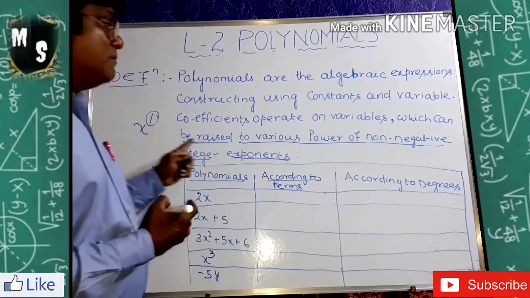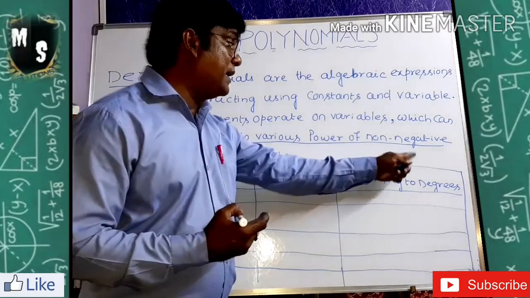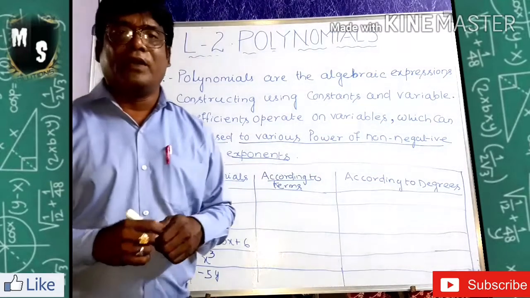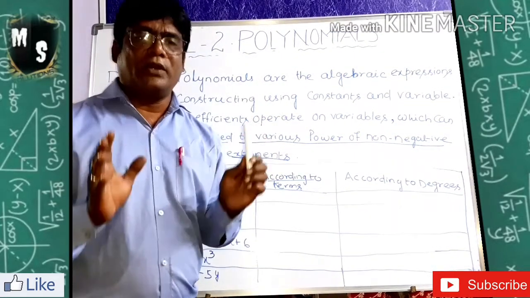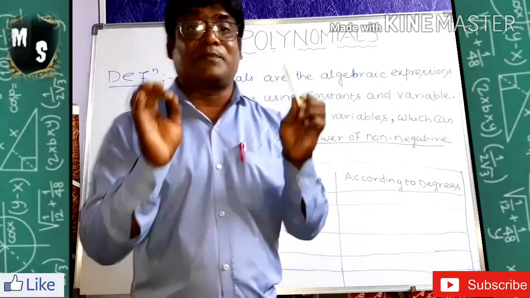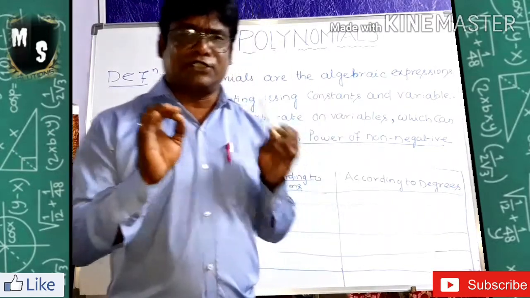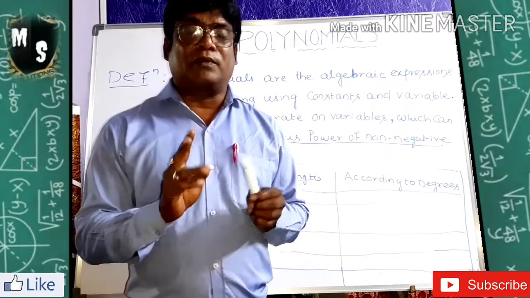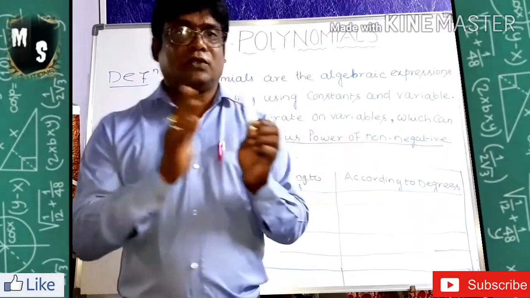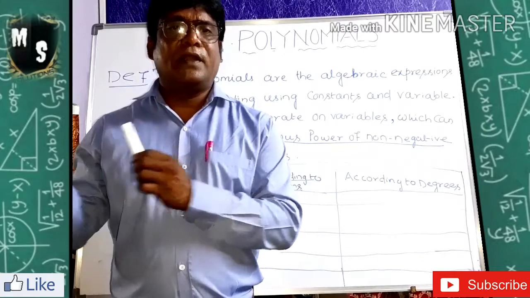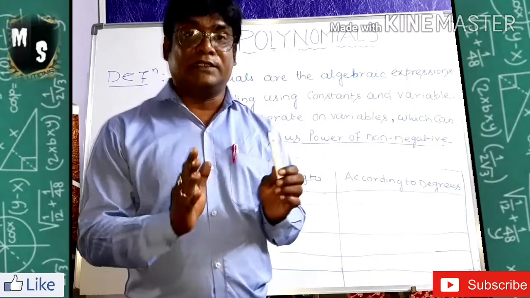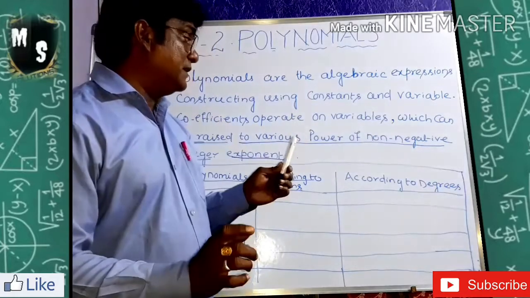This power must be a non-negative integer exponent. What do you mean by non-negative? Non-negative means the positive integers and zero. As you know, integers are divided into two parts: positive integers, from 0 on the right-hand side up to infinity, and on the 0 left-hand side, the negative integers.